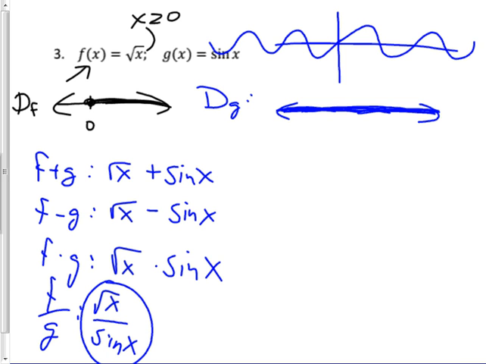And now what are the domains? The domain of these first 3 are all the same. Do you remember how this has that extra twist? Because the bottom one can't be allowed to be 0. How would sine x ever be 0?